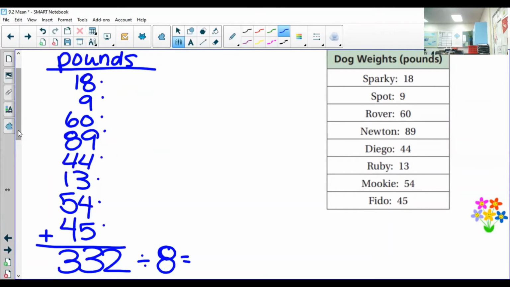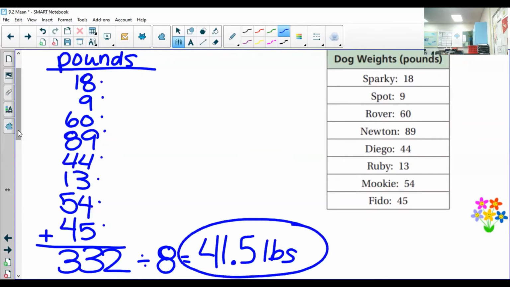So divide that by 8, and we get 41.5. I know we're talking about pounds, so I'm going to put the label pounds. And that's it. That's the average of those particular dogs. There's the mean. We call this finding the mean.